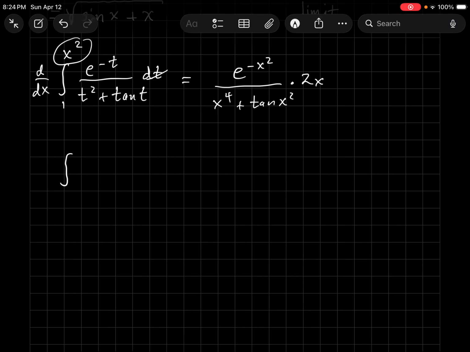Let's do another one. How about the integral from -4 to, say, sine of x of the natural log of t squared plus t dt, and we want to take the derivative. We know what to do. The derivative and integral cancel.